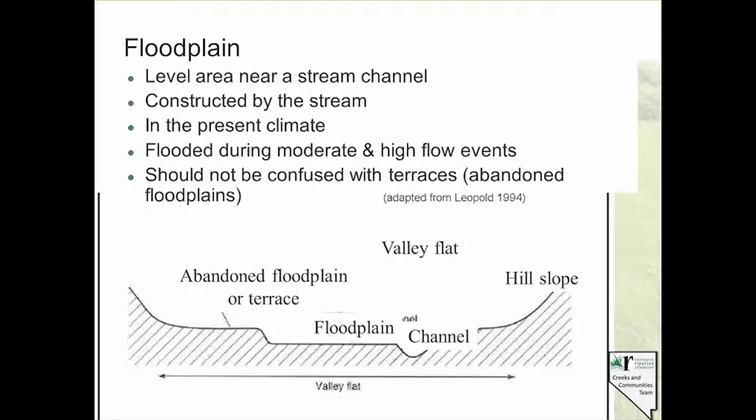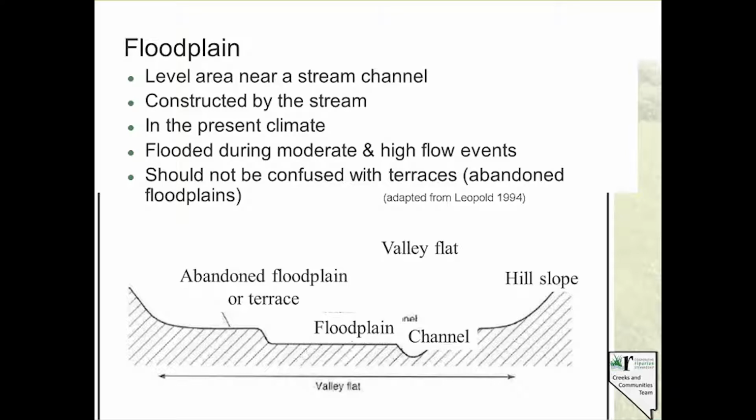Flooded during moderate and high flow events, right? So this isn't flooded every single year, but water hits that somewhere around 2 years out of 3 or so. So bankfull events are what we're talking about, and the midpoint of what a bankfull event is is about a 1.5 year recurrence interval flow.